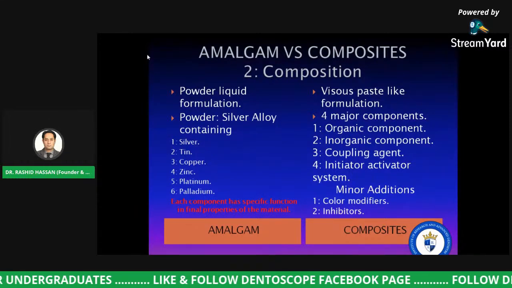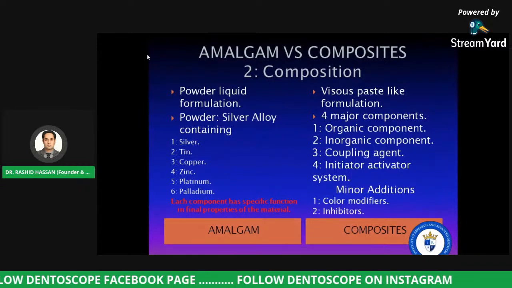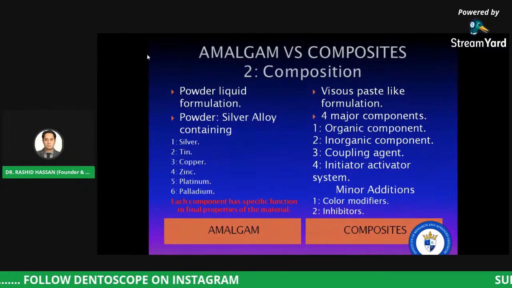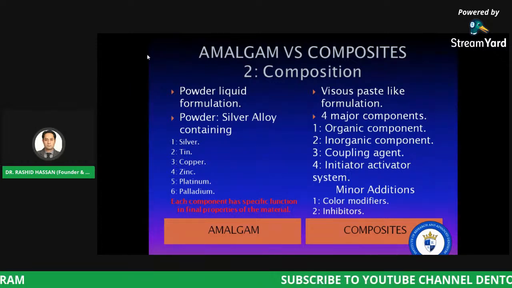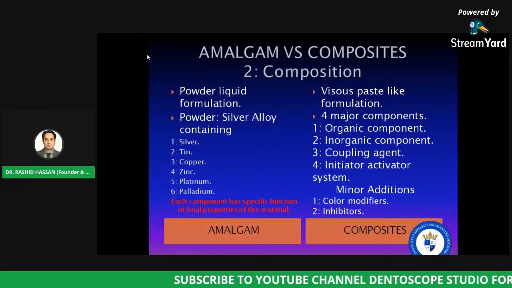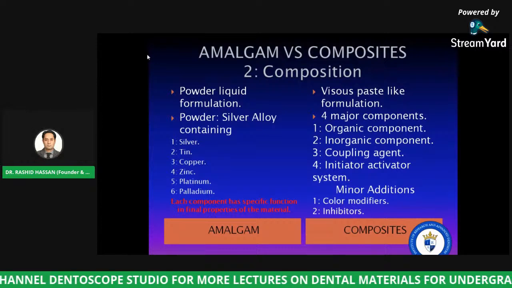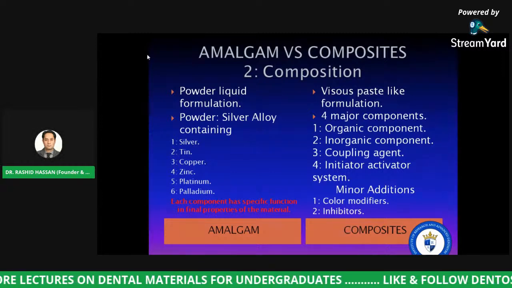And then coming to the fourth component of dental composite, which is the initiator activator system. Obviously, as we have seen, it contains polymer, and polymers need to get polymerized. So they can get polymerized either by chemical means or through a light source, right?